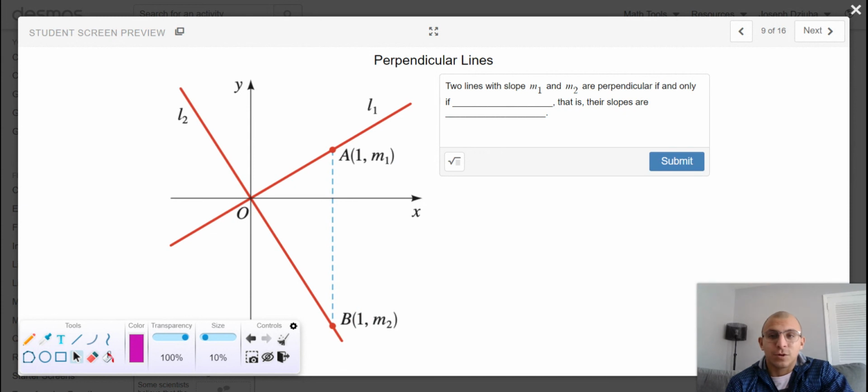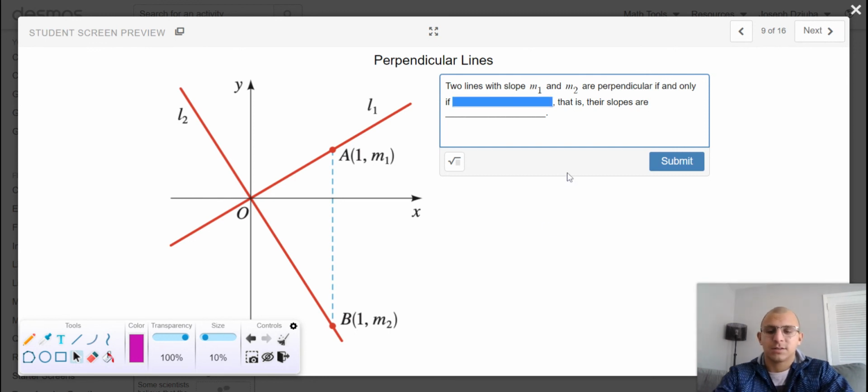Now, as far as perpendicular, two lines with slope m1 and m2 are perpendicular if and only if the product, so m sub 1 times m sub 2, is equivalent to negative 1.